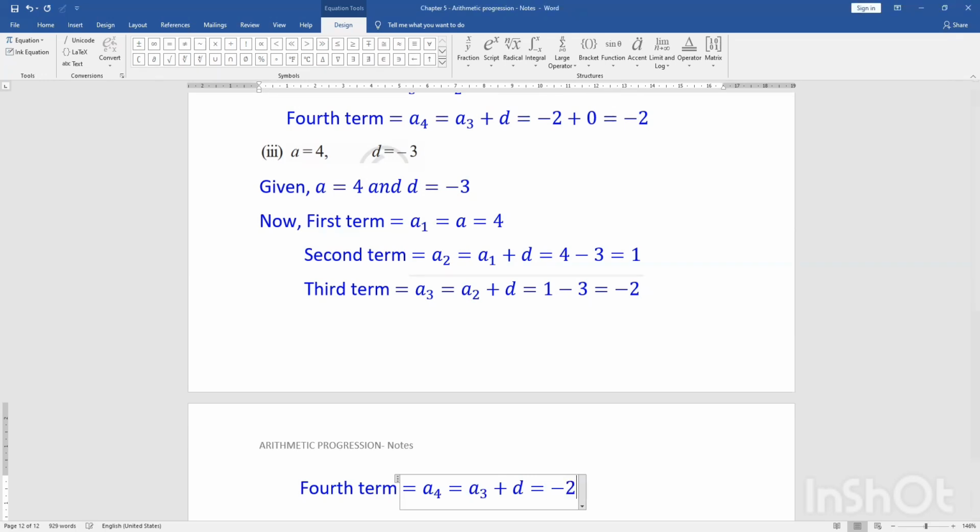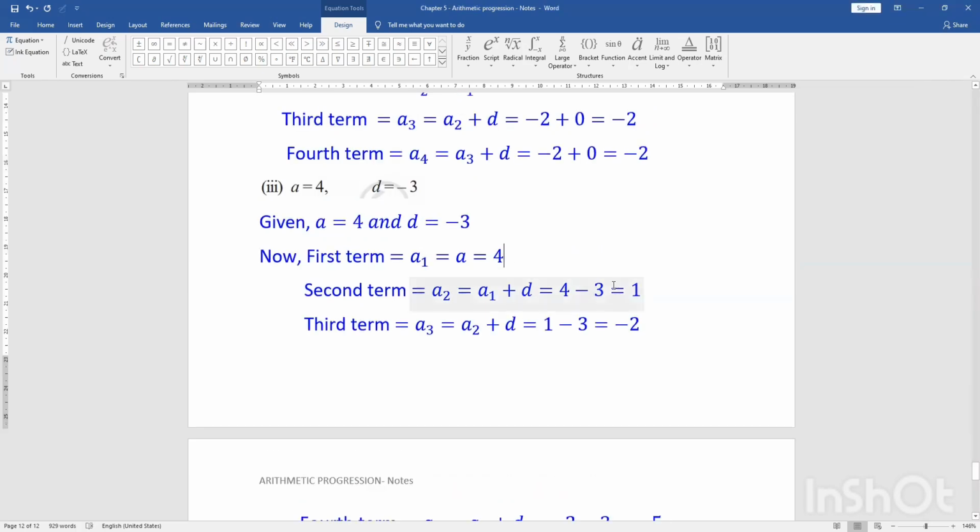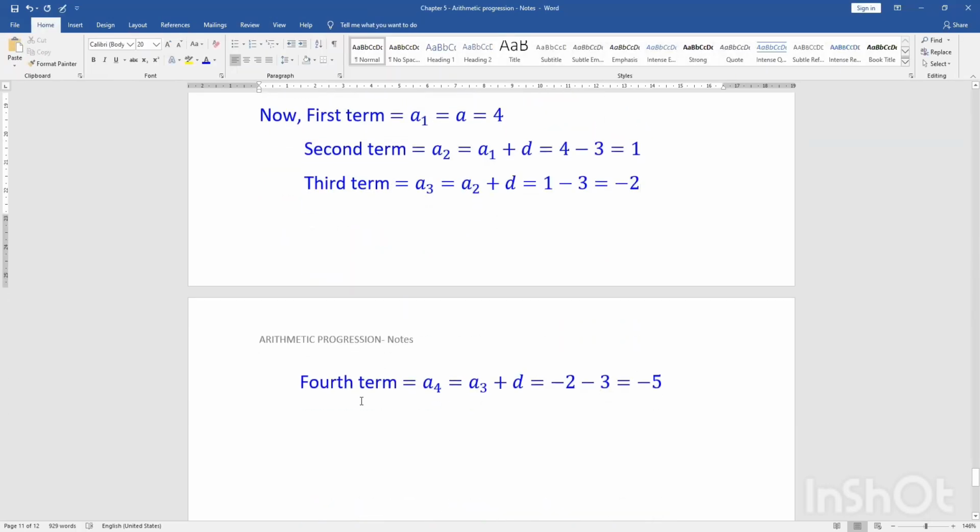A3 is minus 2, and we have the common difference D as minus 3. Minus 2, minus 3, both of them same sign, just add it up. So it will be minus 5. So now the first term is 4, second term is 1, third term is minus 2, and fourth term is minus 5. Children, now I go for the fourth problem.